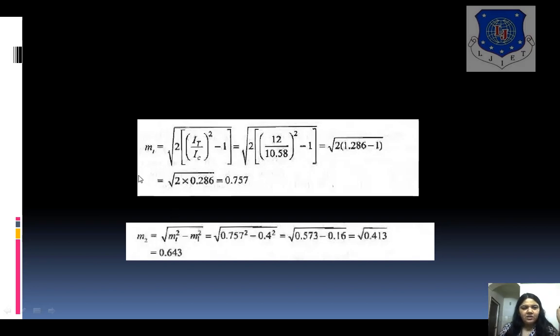Now I need to find out the modulation index due to the second wave. So it is M2. It's square root of MT square minus M1 square, as we know that MT square is equal to M1 square plus M2 square. So by putting the value of MT and M1, we can find out the modulation index due to the second wave. It's 0.643.